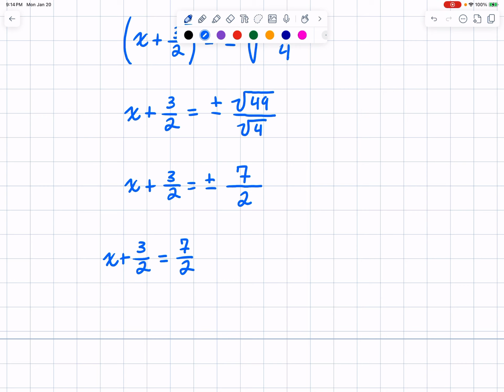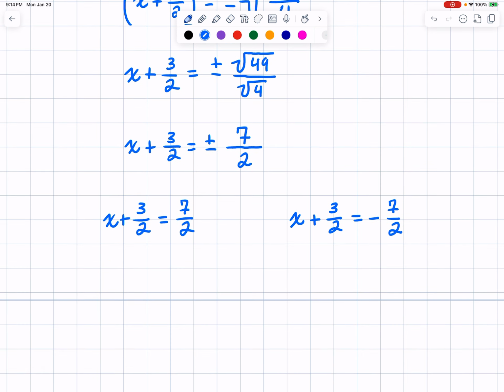And over here, let's do x plus 3 over 2 equals negative 7 over 2. So on this left-hand side, we're going to subtract 3/2 from both sides. So we're going to get x plus 3 over 2 minus 3 over 2 equals 7 over 2 minus 3 over 2.